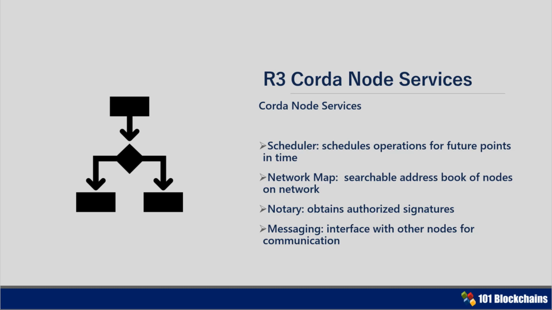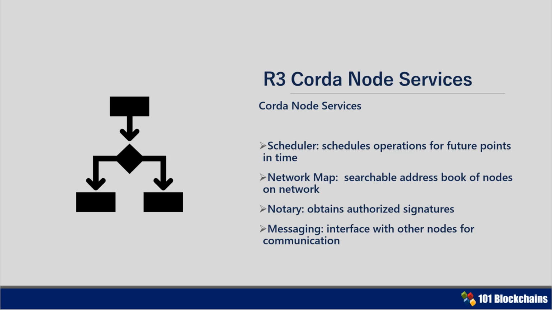Then we have the network map. This is basically an address book. You could think about this, to a degree, as similar to DNS, right? We need to be able to figure out who is who, where they are, and how we communicate with the different nodes.